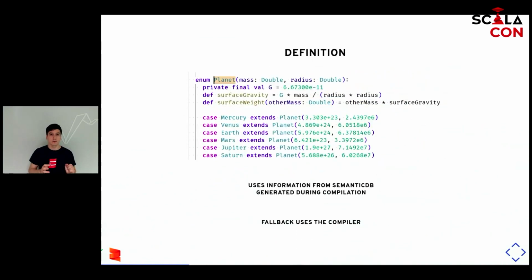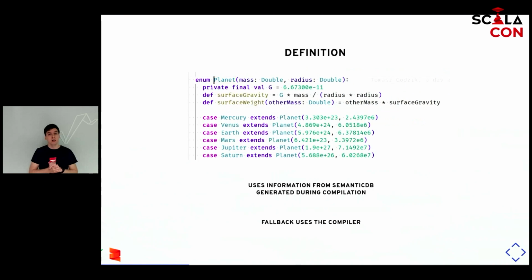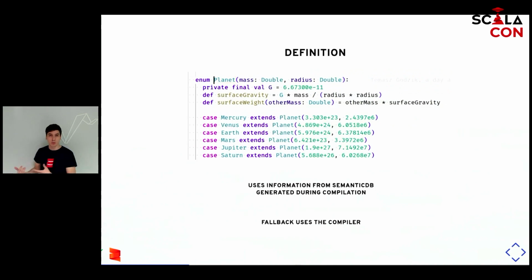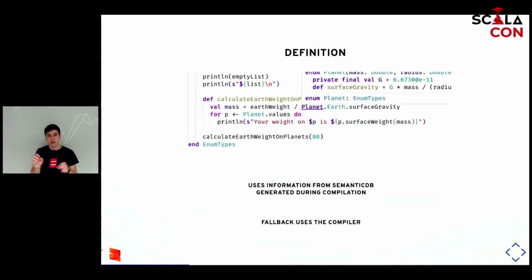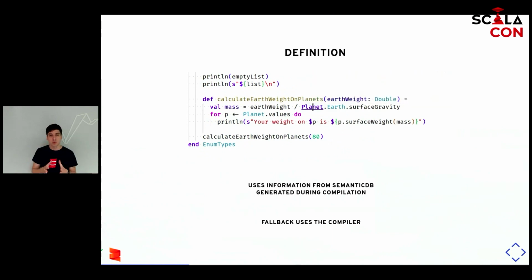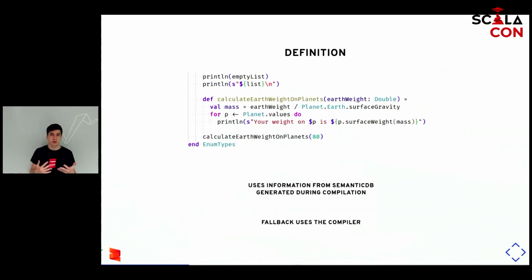Another basic feature that enables navigation around the code base is go to definition. It uses information from SemanticDB, which is a file generated during compilation that has all the information about which symbols are the same symbol and where they are located in which files, which enables us to quickly show you the definition of anything that you need.